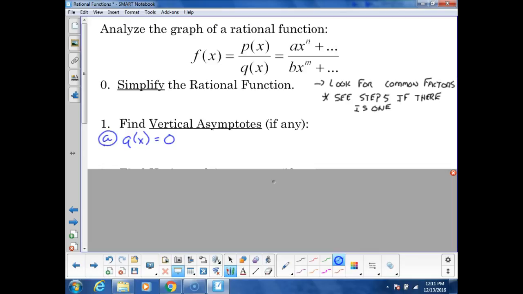Our denominator equals 0. Then, that's going to give us our domain, correct? Right?